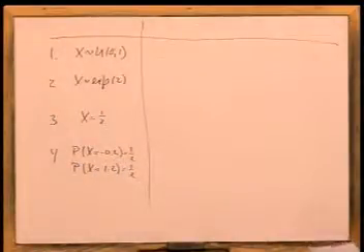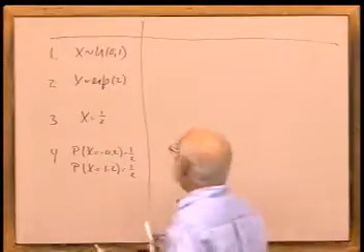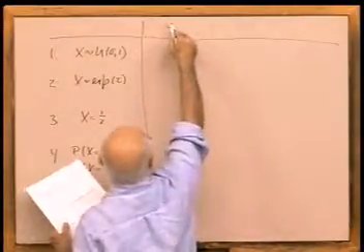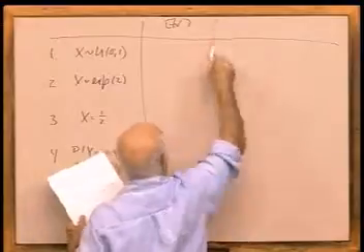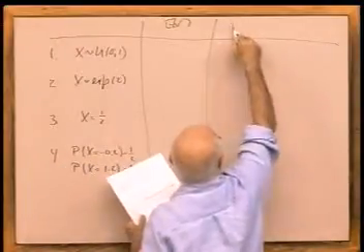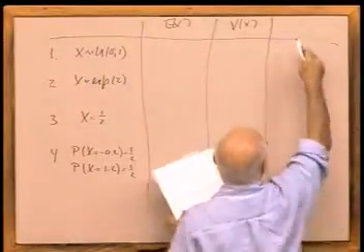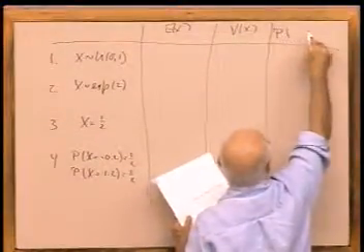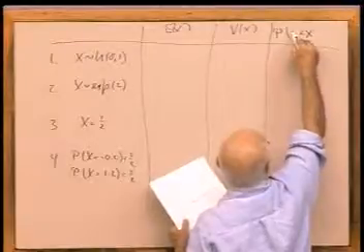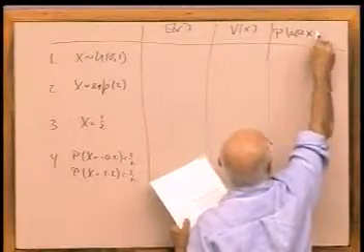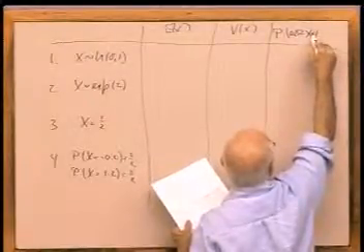Okay, so those are the 4 cases, and in each case you're supposed to compute the expected value, the variance, and the probability that x lies in a certain interval. In our case, the interval was 0.25 and 1.35.